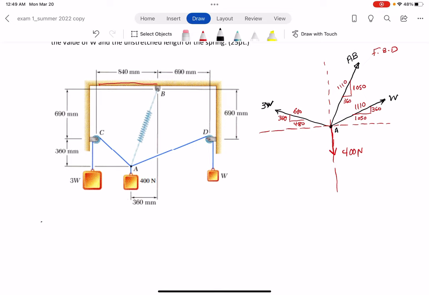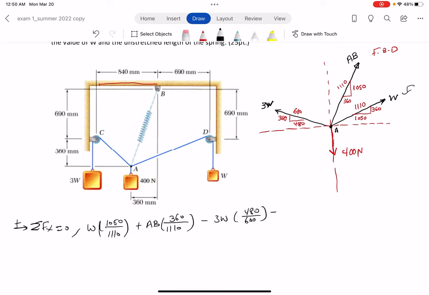This is going to be positive: W times 1050 over 1110, plus AB times 360 over 1110, minus 3W times 480 over 600, equal to 0.